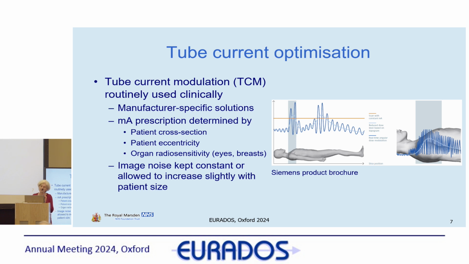With all scanners, we also have an opportunity to switch on a modulation that reduces the dose to radiosensitive organs such as the eyes or the breasts. And all the manufacturers with their tube current modulation algorithms will aim to keep image noise constant or will allow the image noise to increase slightly with patient size.